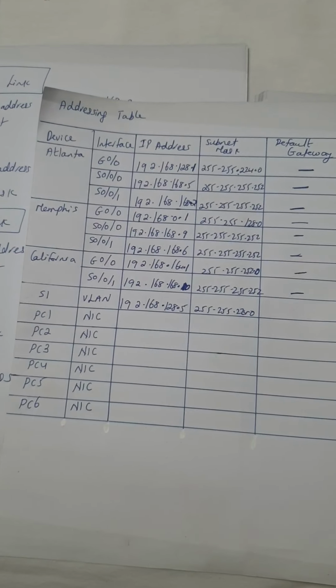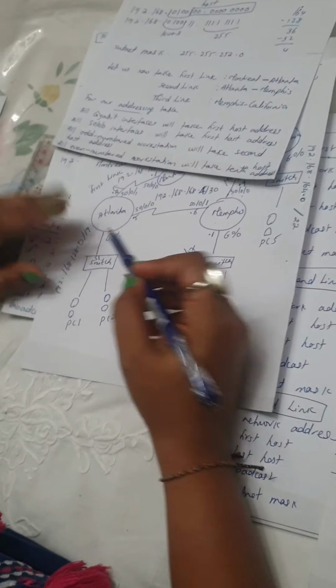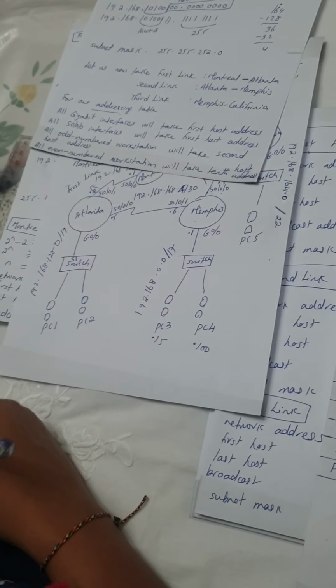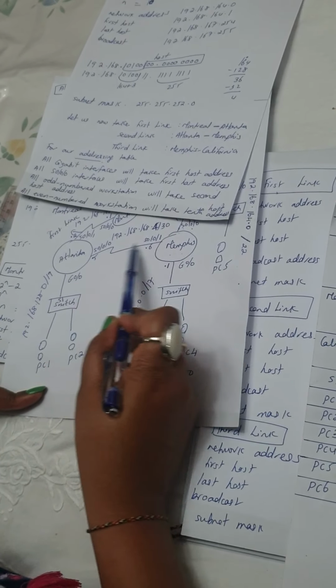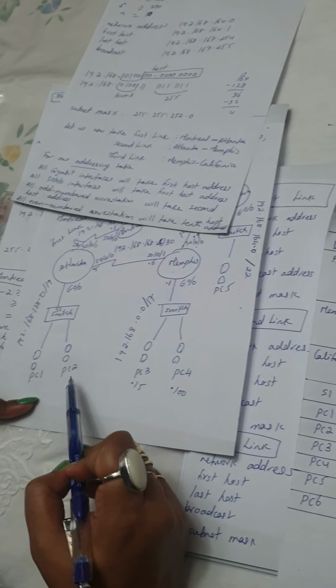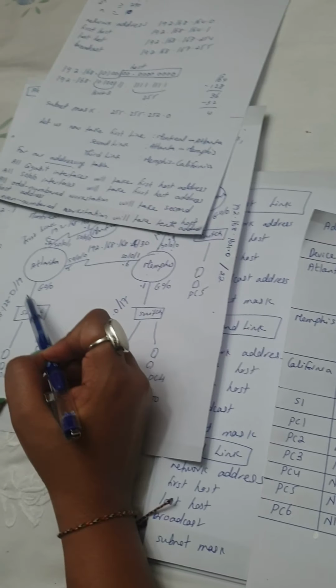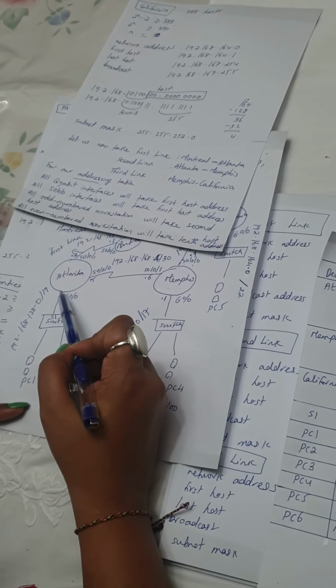Now, one important point here is that the switch must have a gateway. All the devices here in the LAN need a gateway. So what does gateway mean? How we get out of a network to access other networks. So whether PC1, PC2 or the switch, they all have to pass through gigabit 0/0 of Atlanta.